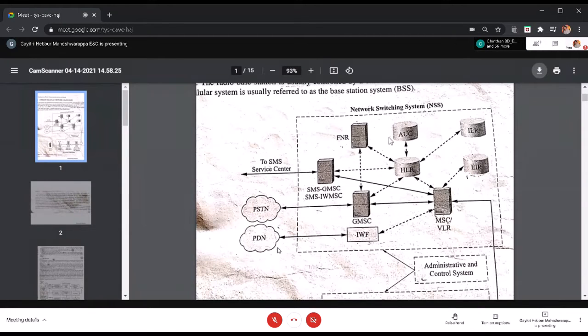And one more is called the authentication center. That gives you authentication, that is, how many mobiles are registered and how many are not registered. Based on that it will provide the authentication, that is, encryption and decryption details by providing a ciphering key, which is for encryption, and a signed response. And one more is called a random number.